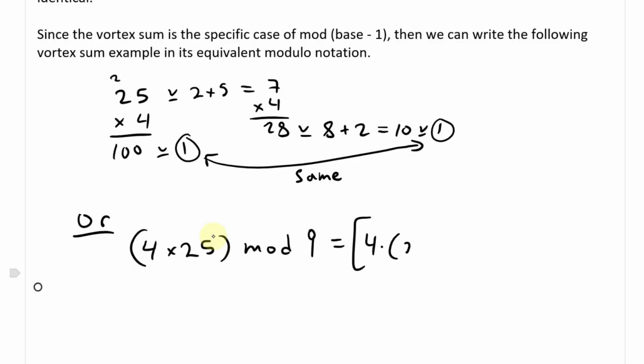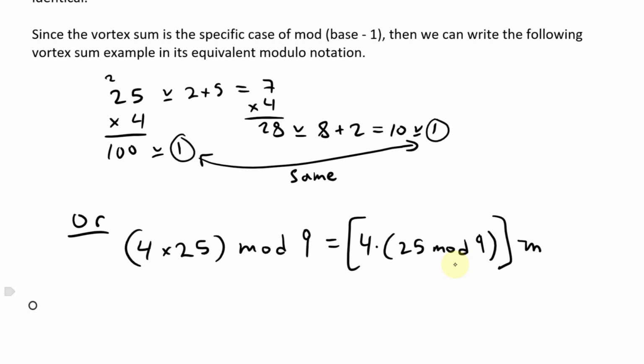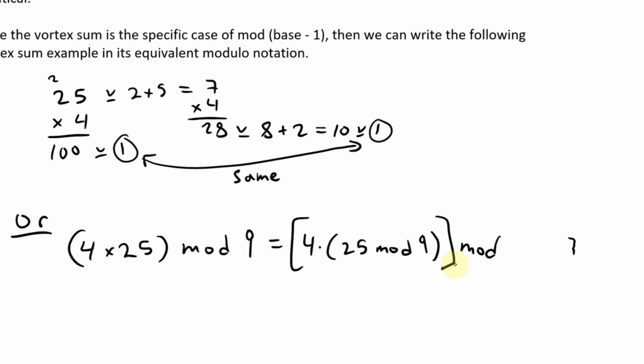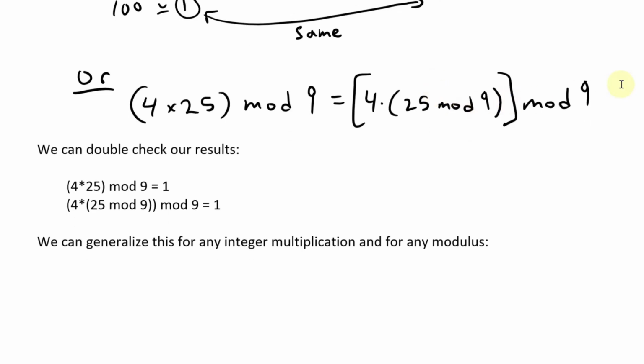Then 4 times 25 mod 9. The vortex sum of 25 is going to be 25 mod 9, so 4 times that, and I'll put this all into a bracket like that, mod 9. Here I just added the mod 9 there.